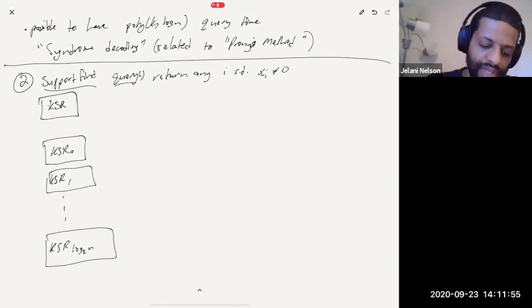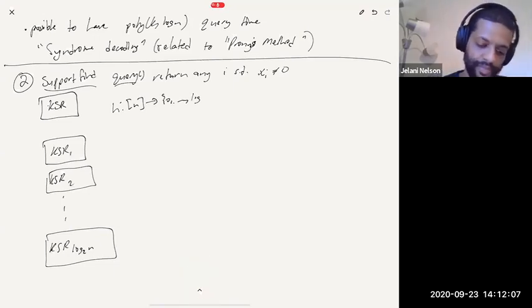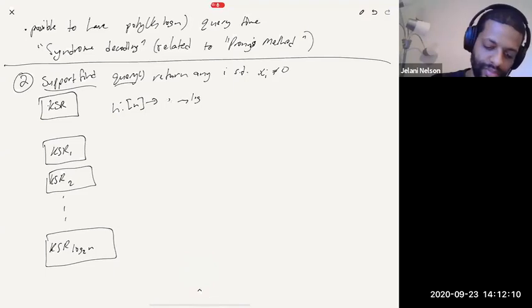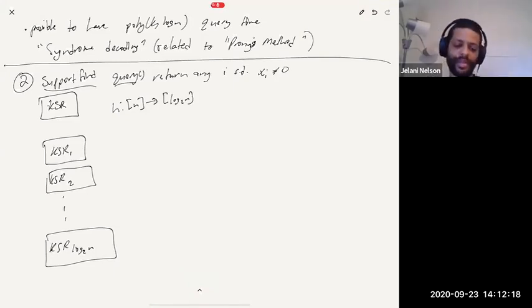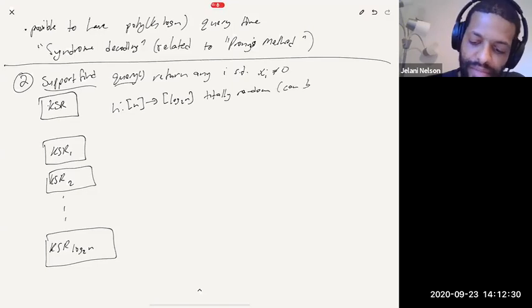And then we're going to have a hash function h, which maps the universe into 0 to log n. Actually, let me call these KSR 1 and 2. Let's just say for now that it's totally random. This can be relaxed to some bounded independence.